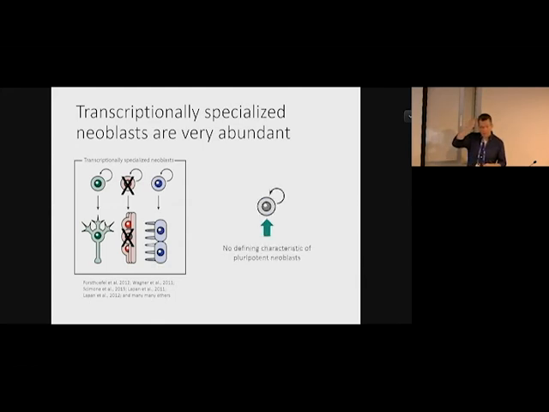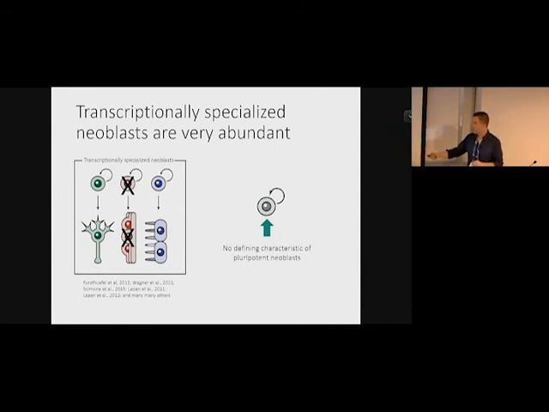And that was quite bizarre, considering that some neoblasts are pluripotent. We don't know how many. And another caveat, not in the experiments, but we don't have any defining characteristic of the pluripotent stem cell other than its ability to form all of the lineages in a transplantation experiment.